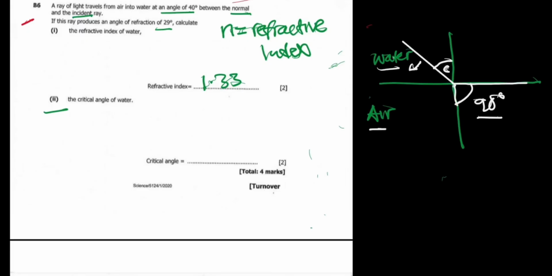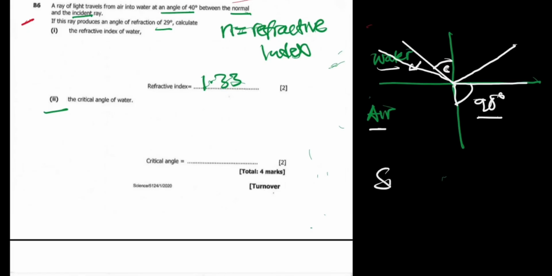It means that something called total internal reflection is going to take place, because this is going to reflect like that. So it doesn't pass through to the next medium. Instead, it reflects internally. So that is what we call total internal reflection.